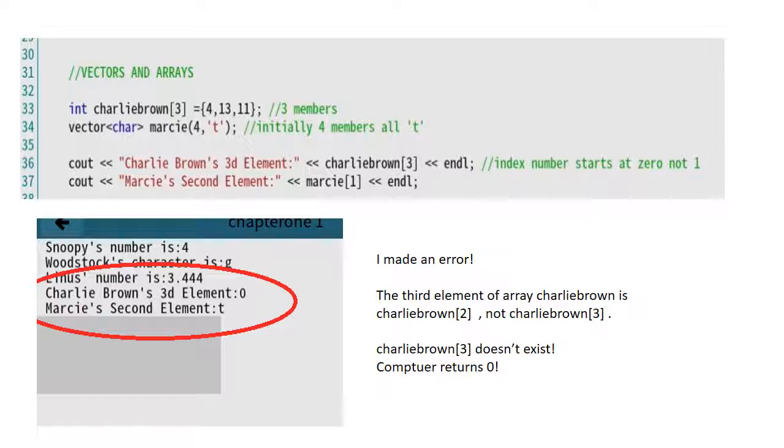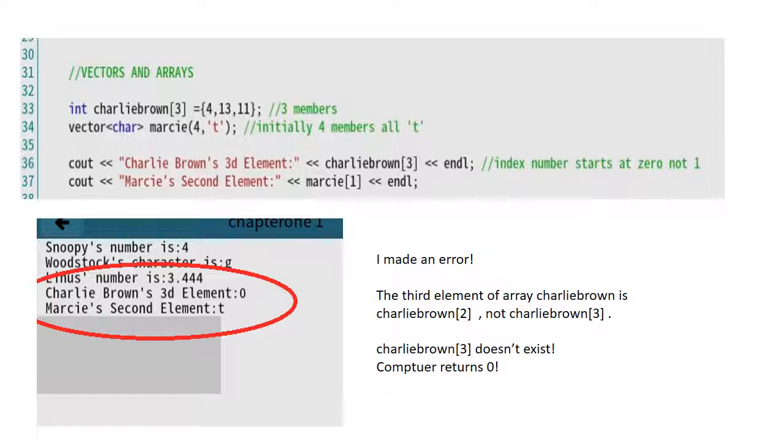So it's a thing you have to be careful of. They're not flaws in the language so much as flaws in how the program was constructed by me. But ideally, if I had typed in Charlie Brown brackets 2, that would have printed out 11.